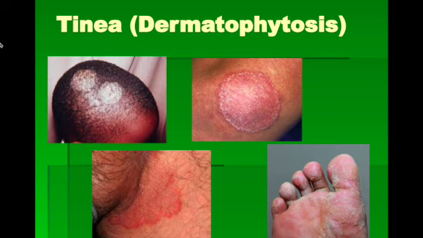Where that fungus is overgrowing and irritating the skin. On the right, you can see the fissuring associated with tinea pedis, and you could recognize how that could allow for other infections to more easily get through the barrier of the skin and cause things like a cellulitis or other types of infections of the lower extremity.